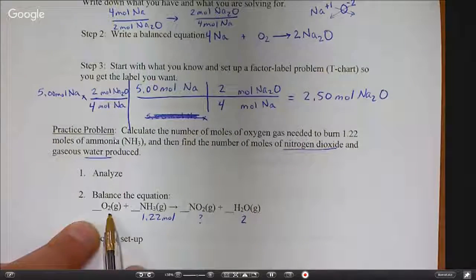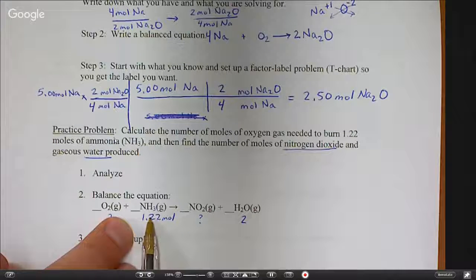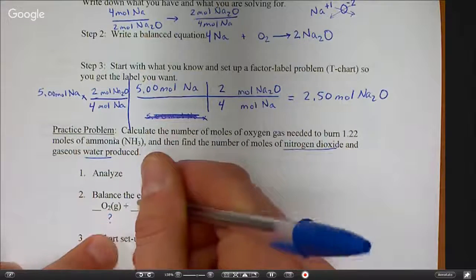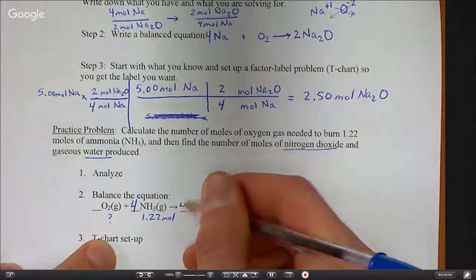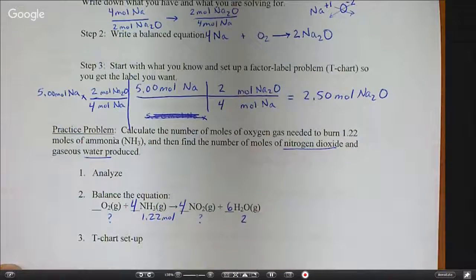The O2, we have an odd number on the right side. But here, we're going to have to double some things. So in the equation, if I have 4 NH3, I need 4 of these. 4 times 3 is 12, so we need 6 waters.